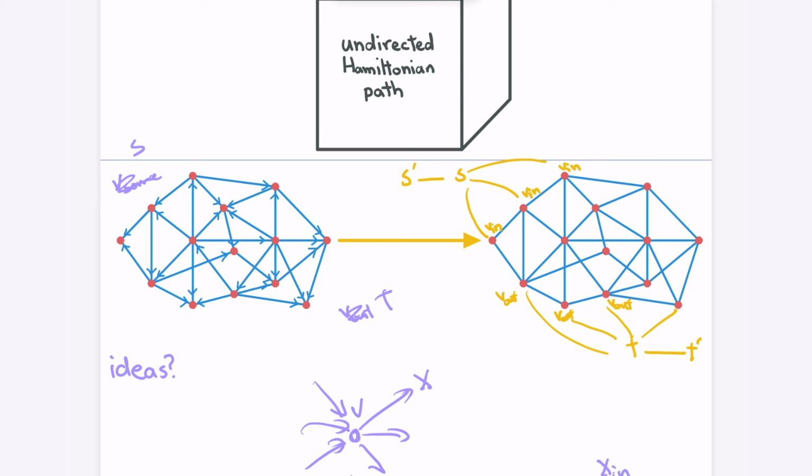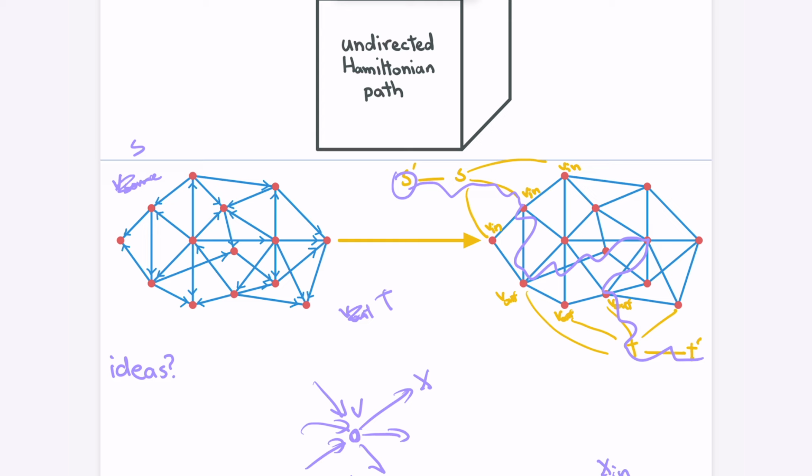So for our case, it's a little special because we just want to show that a Hamiltonian path in our constructed graph maps back to a Hamiltonian path in the original directed graph. And so it's going to have this kind of structure. This is a bit of a caricature, but visit all the vertices, right?